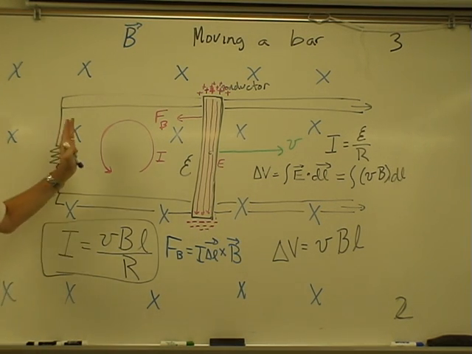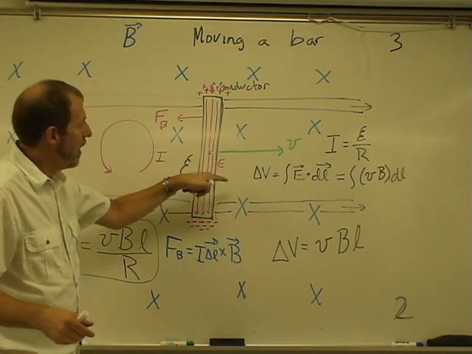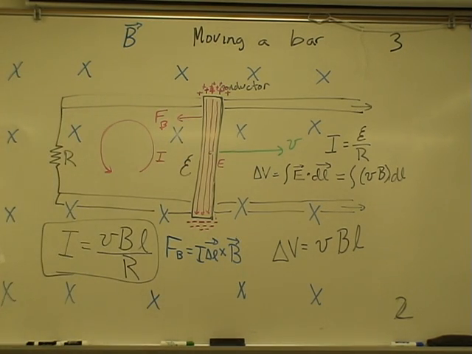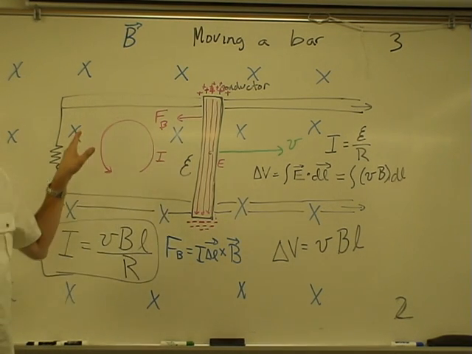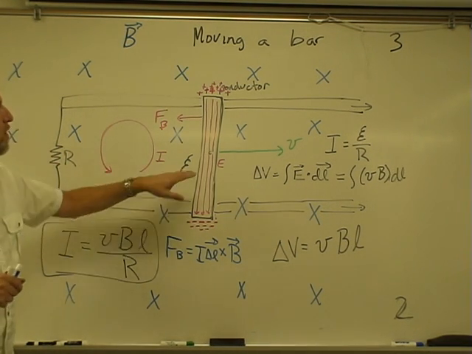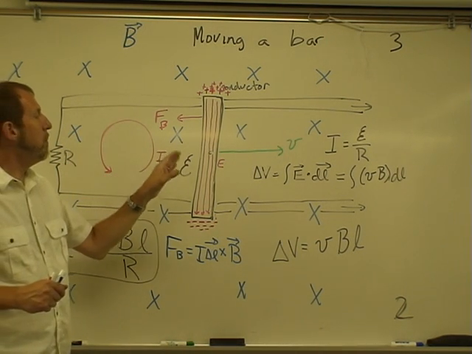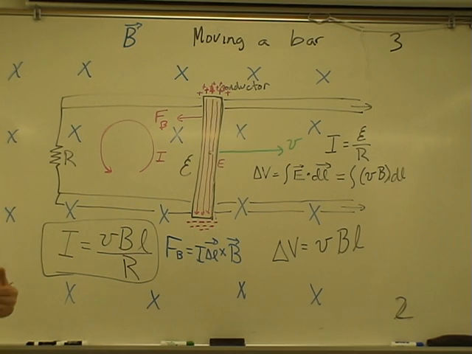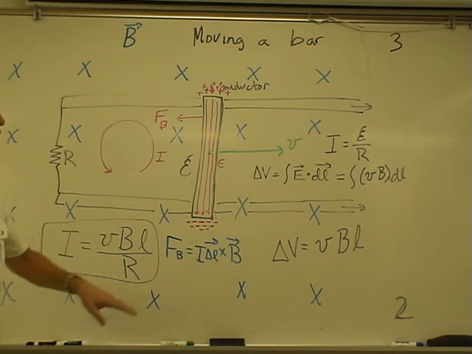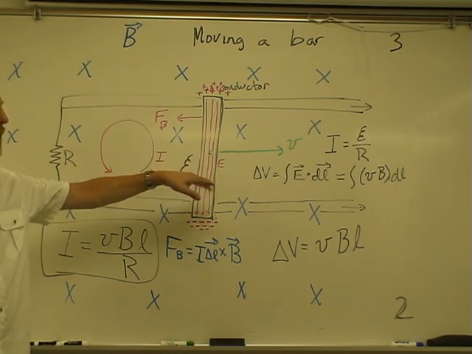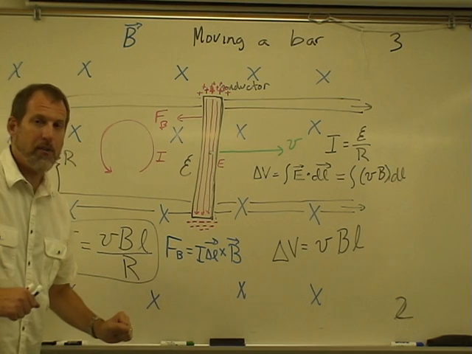So if this bar is sliding and all of a sudden, bling, I turn on a magnetic field, then yes, the bar moving in a magnetic field will cause a current to flow through this loop. But the fact of the current flowing through this loop will mean that this bar will feel a magnetic force on it, slowing the motion down. So if I want to keep this bar moving, I've got to have something else on the other side, pulling with a force to even that out.